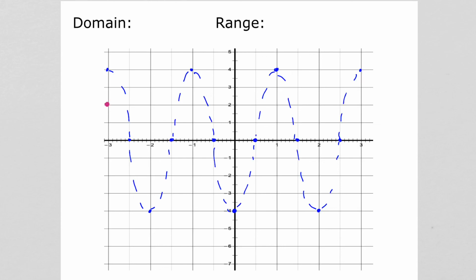At negative 2.5, 0, we're going down to negative 2.5, negative 2. Then this point moves down 2. This point moves down 2. This point moves down 2. And so forth. We're just repeating our curve, keeping our amplitude and everything, but moving all our key points down by 2.